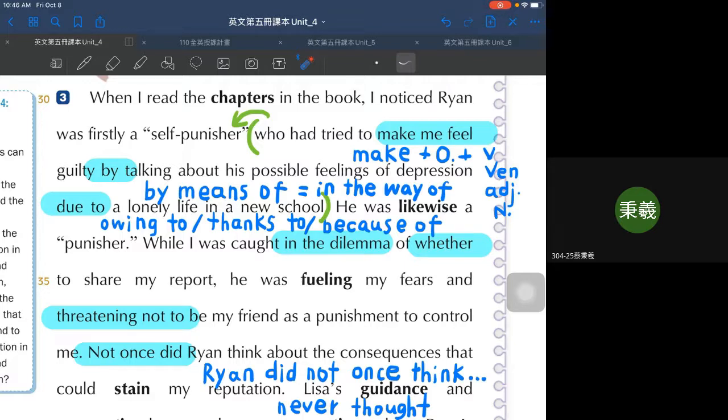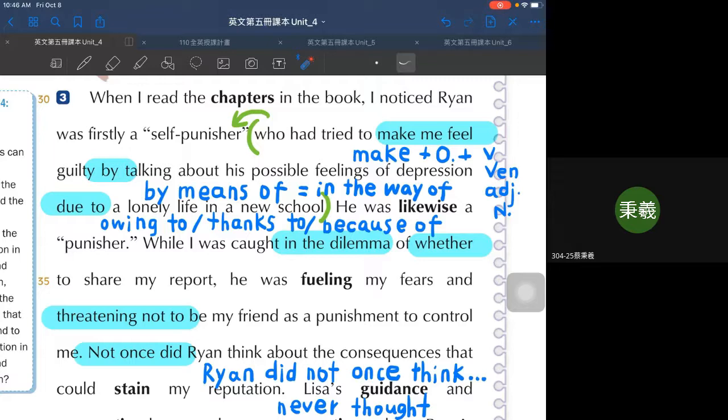And why? Due to. So you can add a phrase here, due to. Which means what? This kind of depression was caused by a lonely life in a new school. All right. Besides using the word due to, you can also use the easiest one, which is because of. You can also say owing to, and you can also use thanks to. But usually when we use thanks to, there'll be something good.